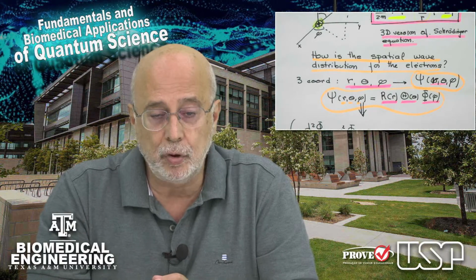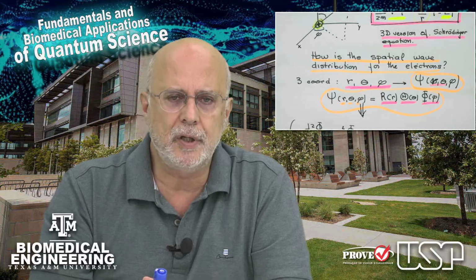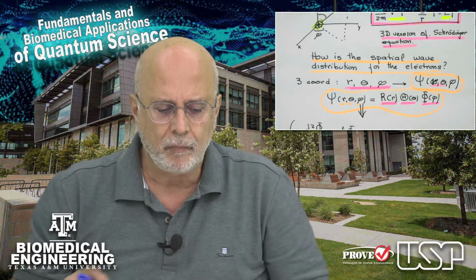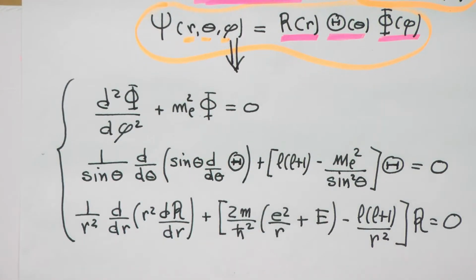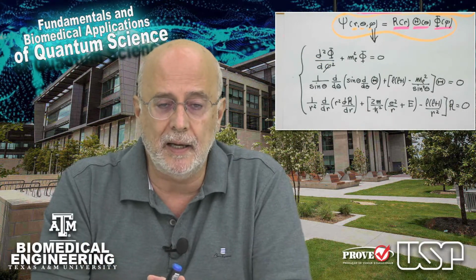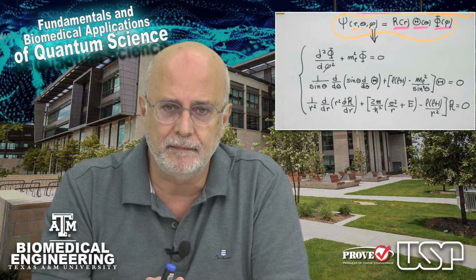So when you do this procedure for the solution, which is not tedious, but it takes some time to do, we end up with three equations. And constants will appear in the solution. And I already put the constants in a convenient way.